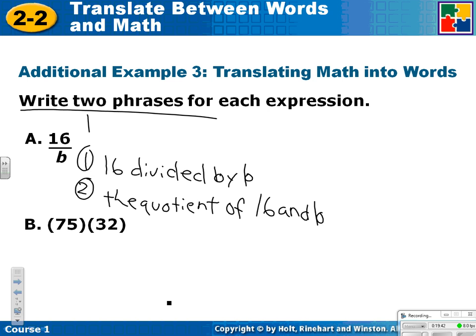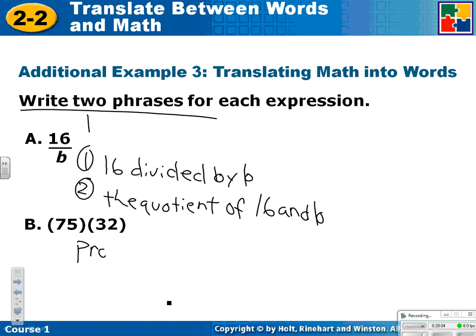Next one. What do we have here? What does this look like? What operation do we have here? We are multiplying. So someone tell me what is one way we could say this in words.